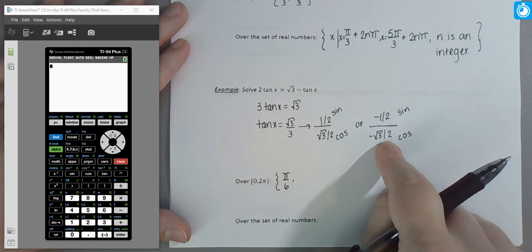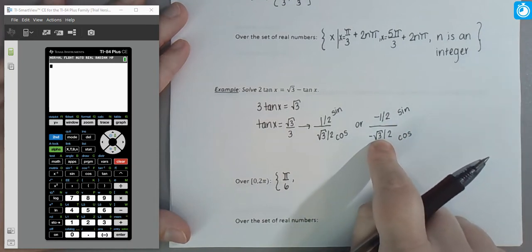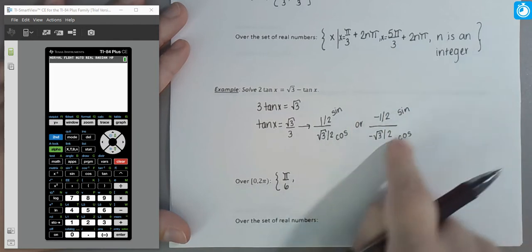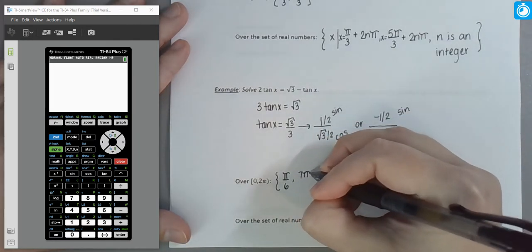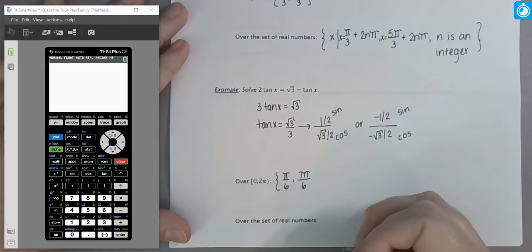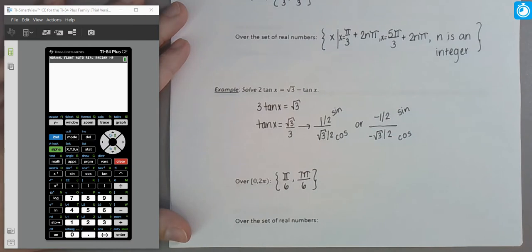This particular pair, where the sine is negative 1/2 and the cosine is negative √3/2, would occur in the third quadrant, where the radian measure is going to be 7 pi/6. So from 0 to 2 pi, those are going to be our two solutions.